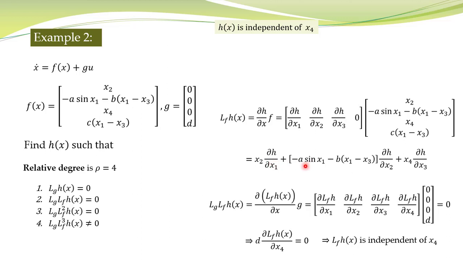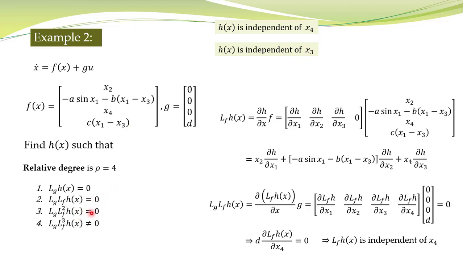There is no x4 over here, so here is x4, and for this thing to be independent of x4, this thing which is partial h over partial x3 must be equal to 0. So partial h over partial x3 equal to 0 means that h of x is independent of x3. This is the second guideline which comes from this statement.